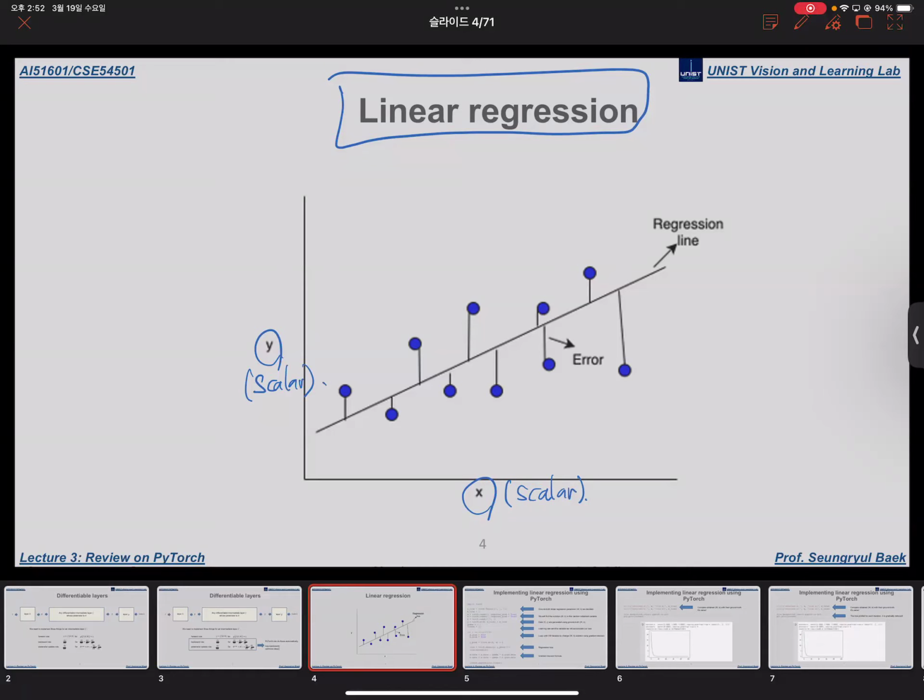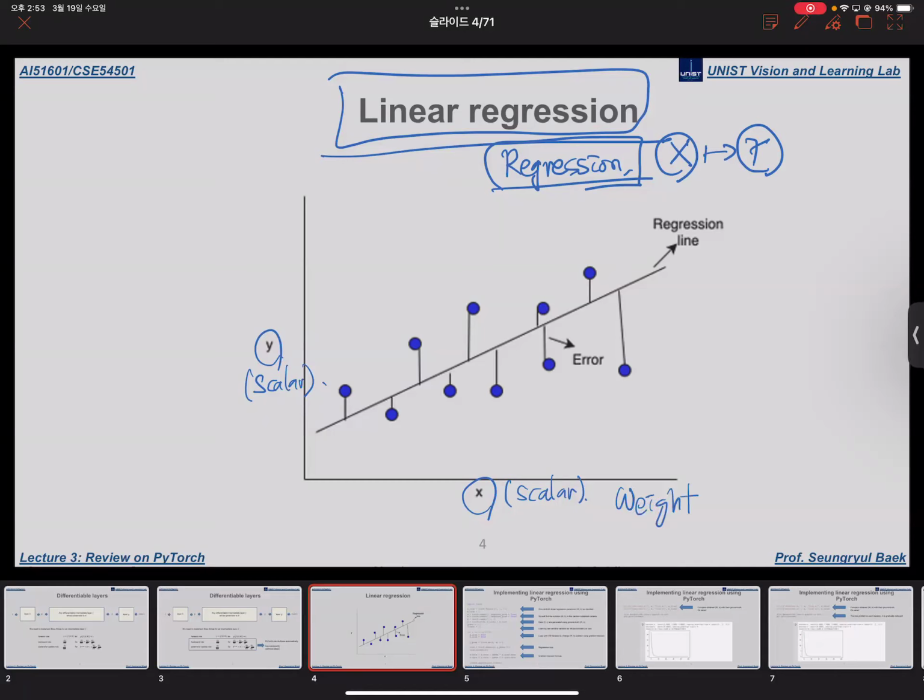Okay, and linear regression is a regression algorithm. I'm assuming that all of you are already familiar with the difference between regression and classification. In regression, what we do is, given input X, we want to map it to some continuous value. For example, this X could be exemplified as the weight, and this Y could be exemplified as the height of a person.